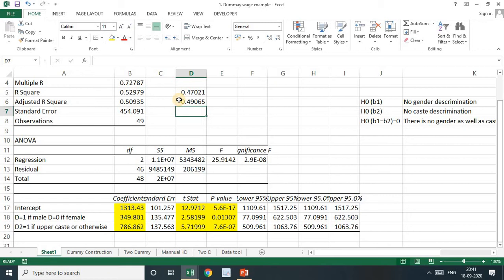So this is all about the multiple dummy variable regression model, in which all independent variables are qualitative variables, or what we call ANOVA models. I hope it is clear for you.